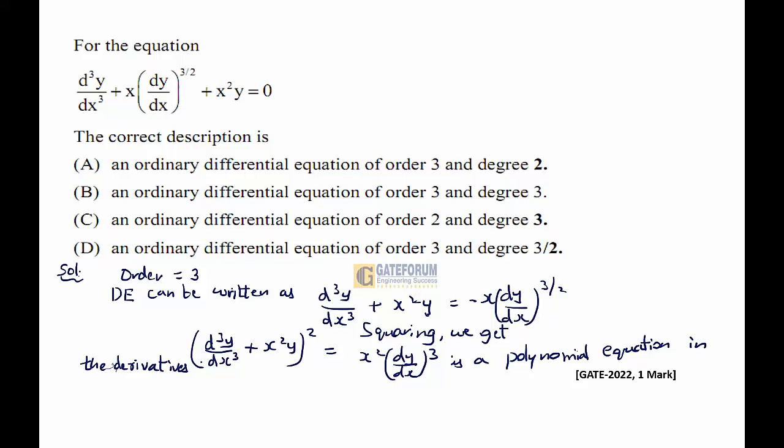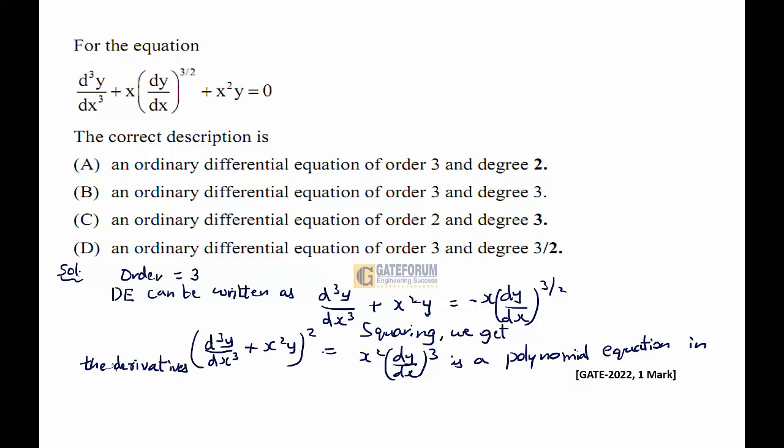That means the differential equation is free from radicals and fractions as far as the derivatives are concerned. Understood or not? So, (dy/dx) whole cube, 3 is a natural number. (d³y/dx³) whole square after expanding, that power 2 is a natural number. So, all the derivatives having natural number powers is called a polynomial equation.